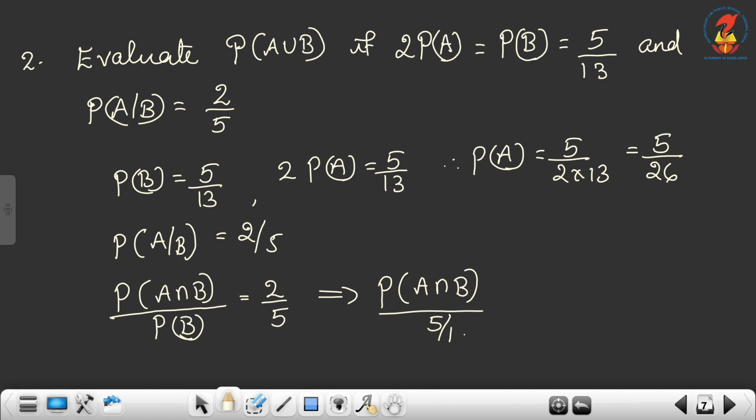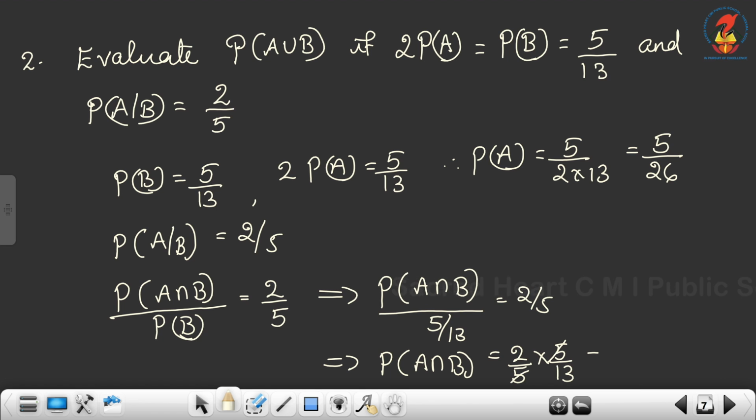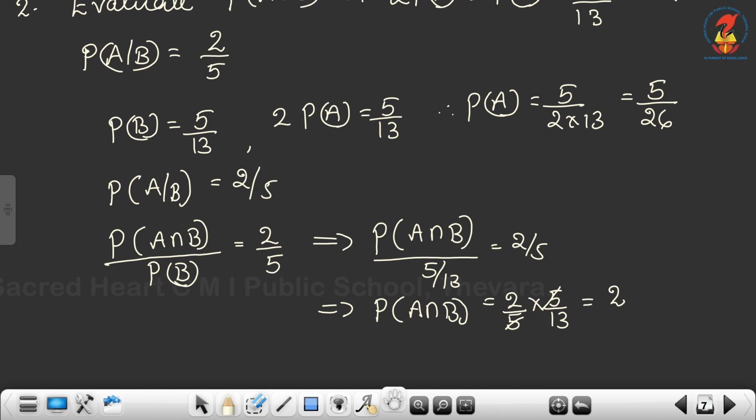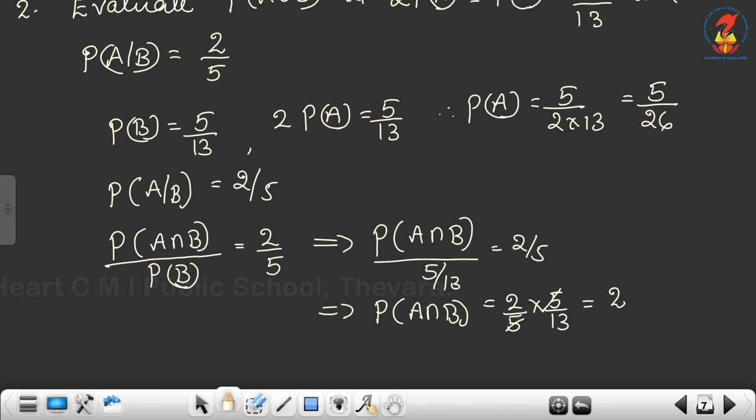So P of A intersection B is equal to 2 by 5 into 5 by 13. So it is 2 by 13.